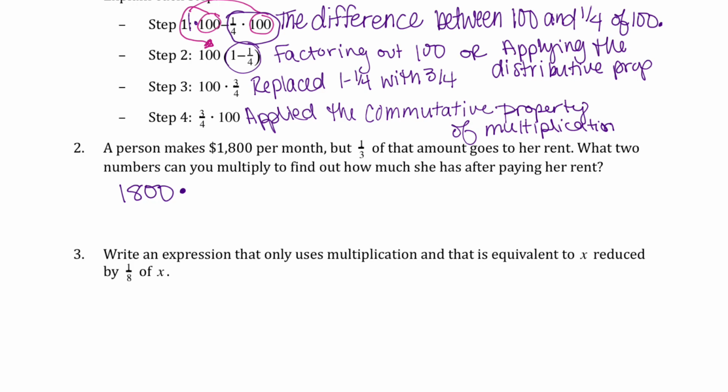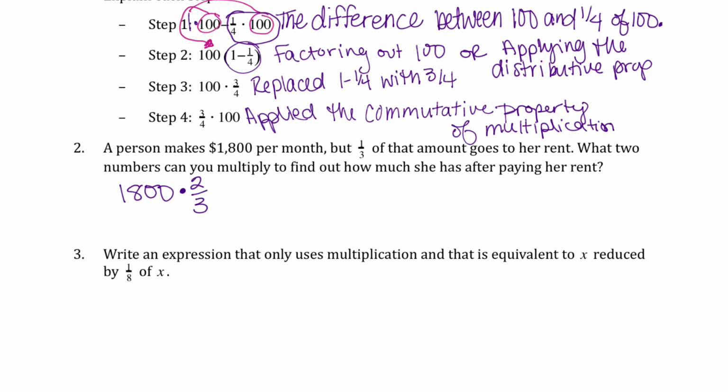How much does she have left? So if she pays 1/3 of her money, how many thirds of her money does she have left? 2/3. So if she's paying 1/3, she has 2/3 of her money left. So if you multiply 1,800 by 2/3, you will get how much she has left over. Okay?